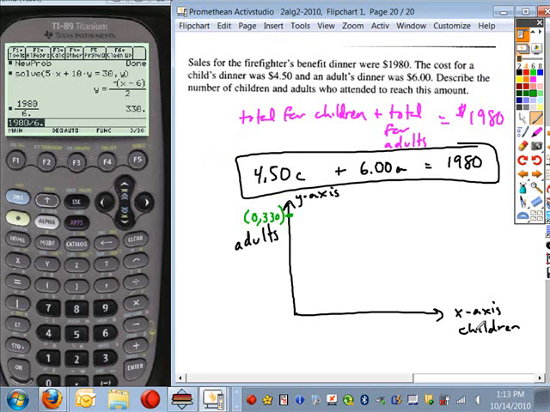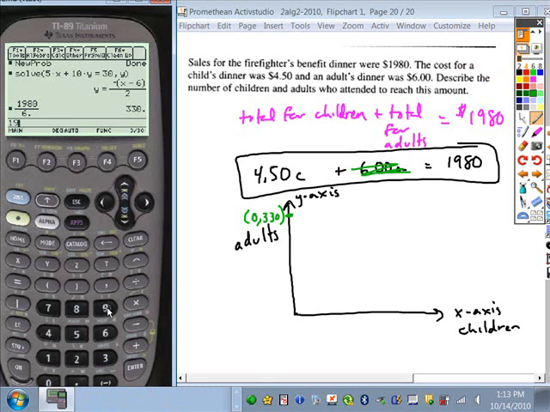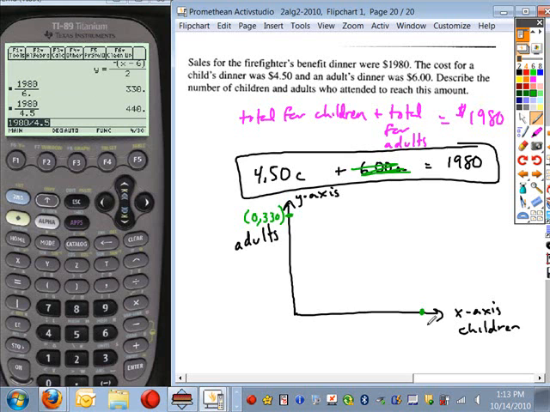What if we wanted to find the maximum number of children? Again, let A equal 0. If A is 0, we could again find 1980 divided by, here it winds up being 4.5. So we could have 440 children and no adults.